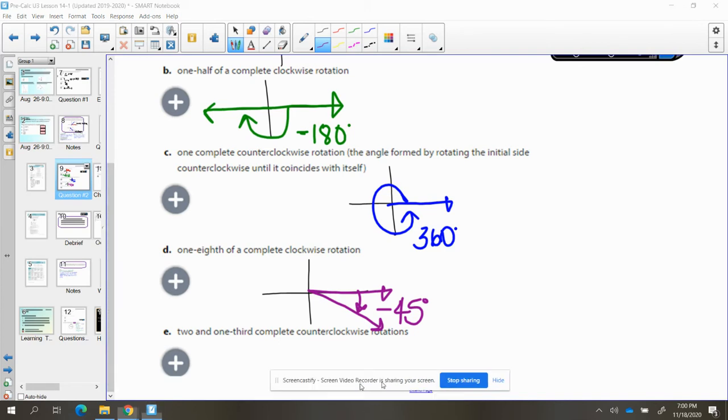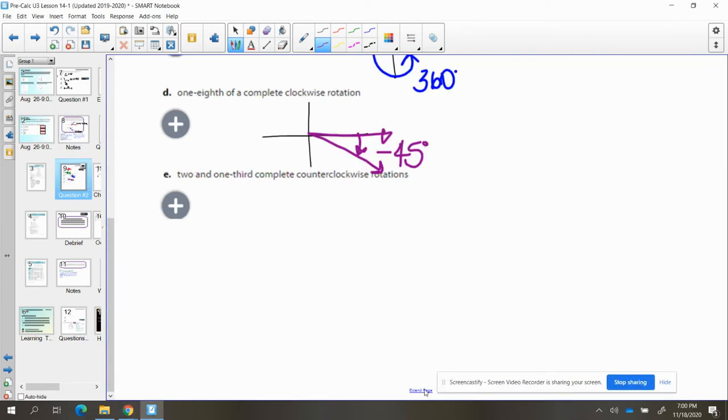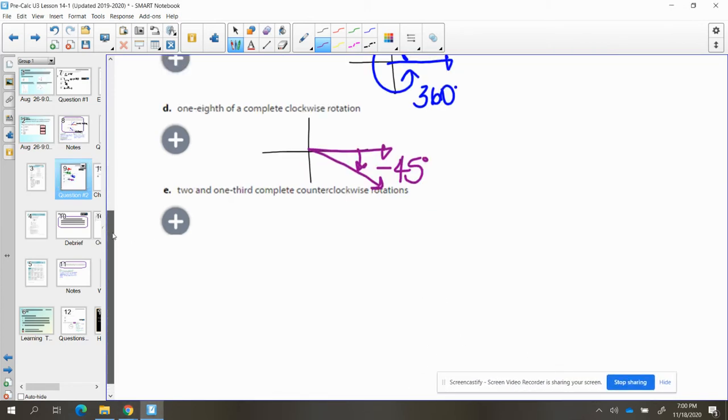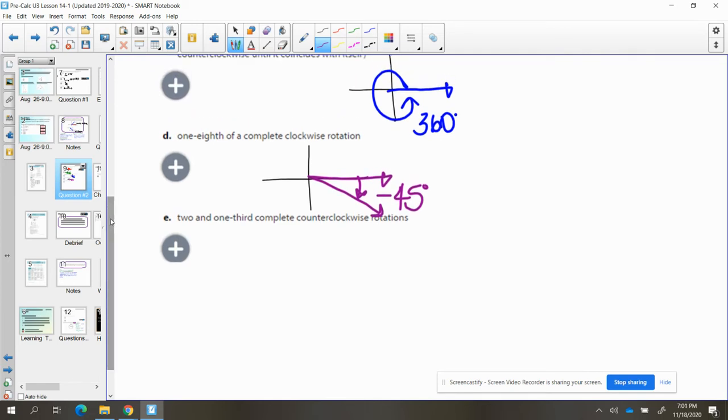And finally, our last example that is a little on the tricky side is 2 1/3 complete counterclockwise rotations. Again, we're starting at our initial ray here. If we're going counterclockwise 2 times, we would want to represent that as so.